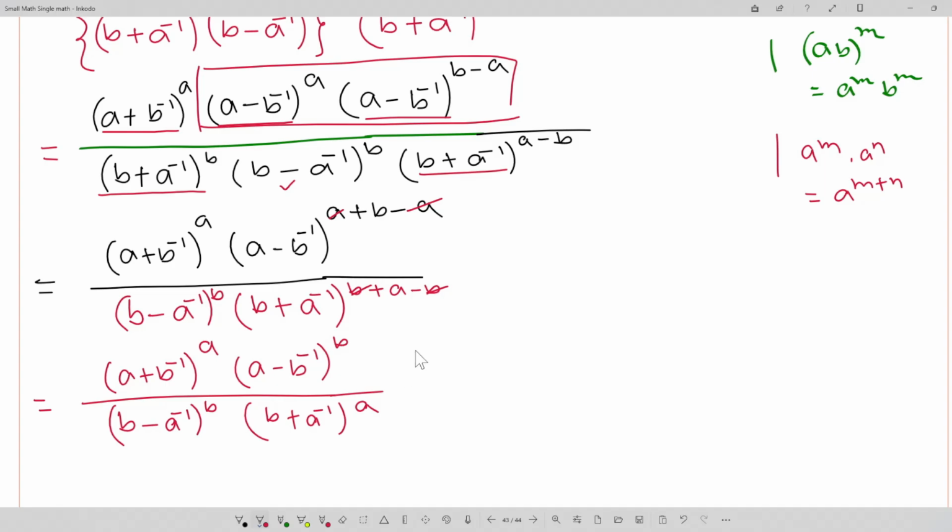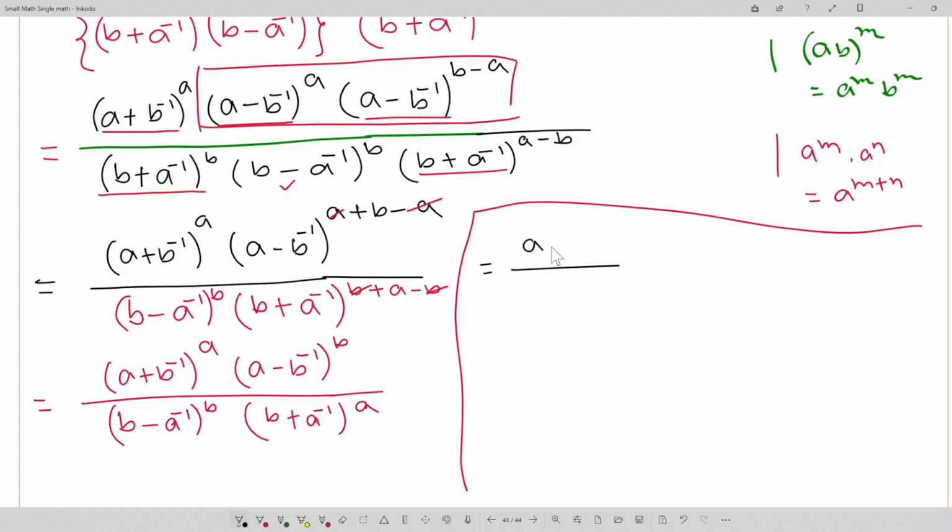So now we can write (a plus b) to the power minus 1, it means a here is plus 1 by b to the power a, and here a minus 1 by b to the power b.